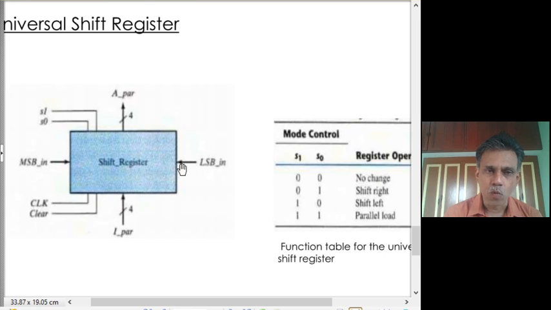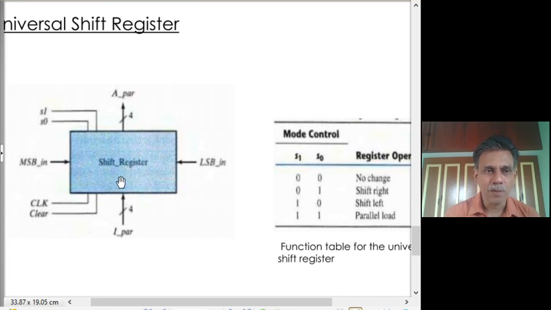Incidentally, if you put one arrow mark, one line like this, it carries a bit. So all these carry a bit. If we have 4 lines together, we call them a bus. A bus is usually marked by a thick arrow mark, and the number of lines in a bus is usually denoted by a number next to that thick arrow mark, with a dash, indicating the width of the bus.